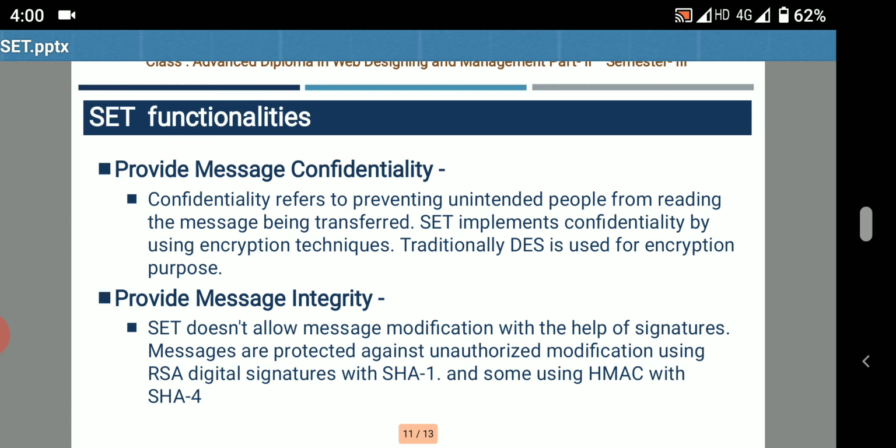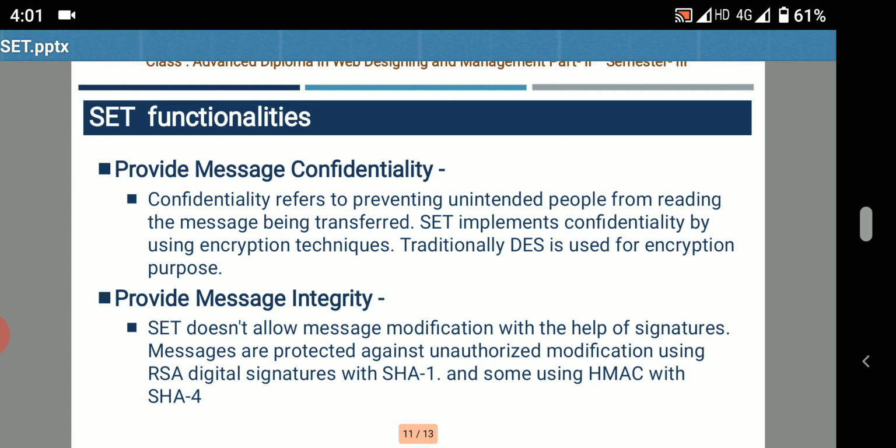Next is provide message integrity. SET doesn't allow message modification with the help of signatures. Messages are protected against unauthorized modifications using RSA digital signatures with SHA-1 and some using HMAC with SHA-1. Like hackers can do anything.